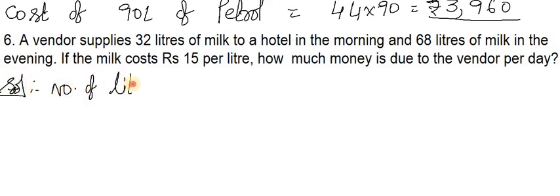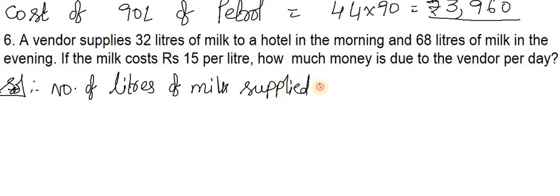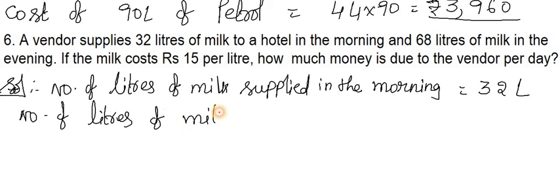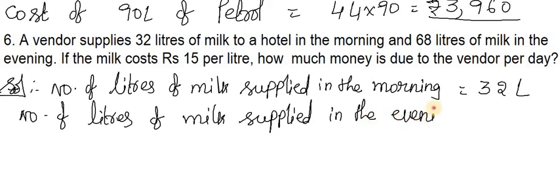Number of liters of milk supplied in the morning is equal to 32 liters. Number of liters of milk supplied in the evening is equal to 68 liters.